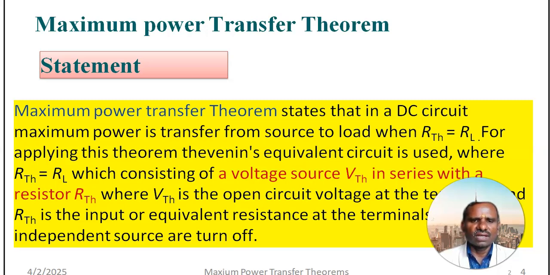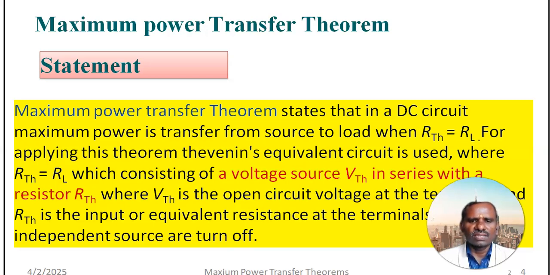For applying this theorem, Thevenin's equivalent circuit is used, which consists of a voltage source VTH in series with the resistor RTH, where VTH is the open circuit voltage at the terminals and RTH is the input or equivalent resistance at the terminals when the independent sources are turned off.